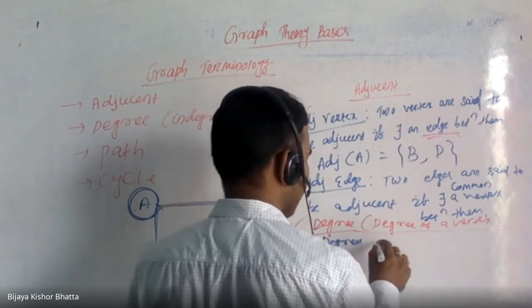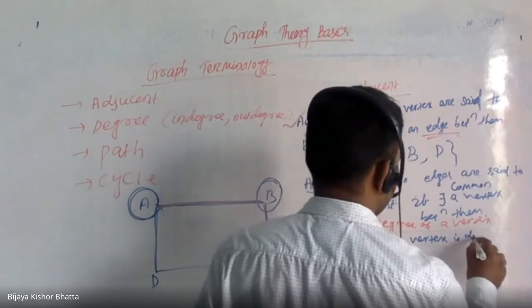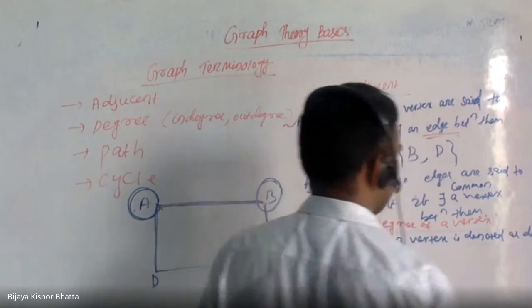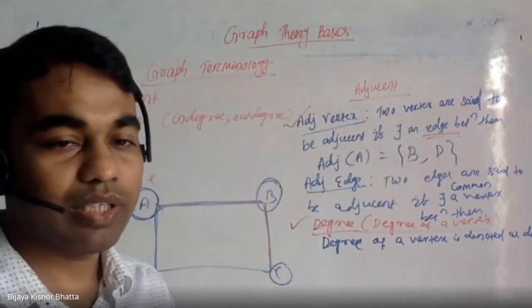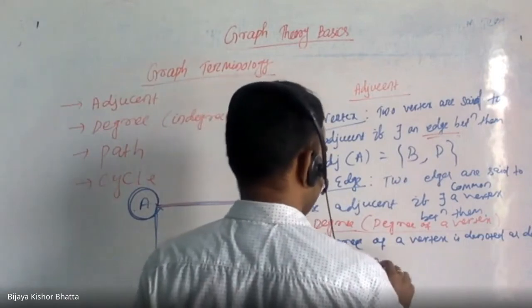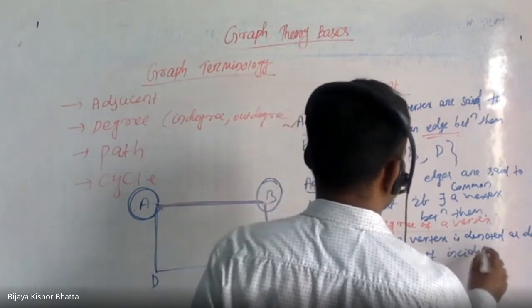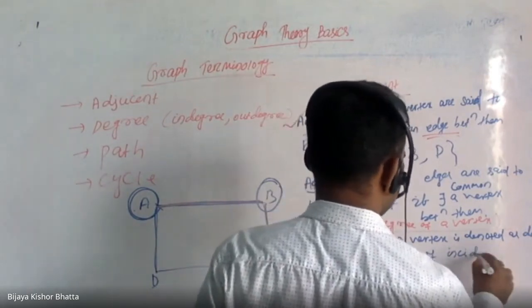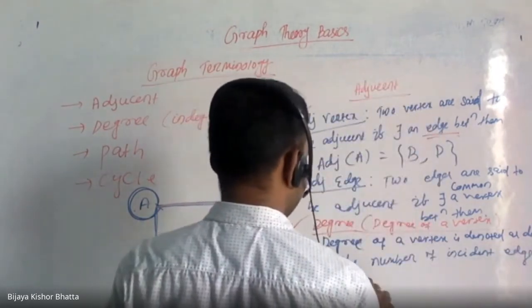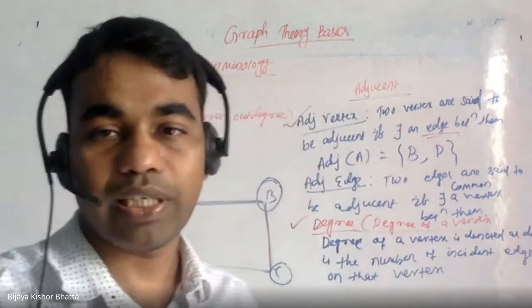Degree of a vertex is denoted as degree of V, and it is the number of incident edges on that vertex.